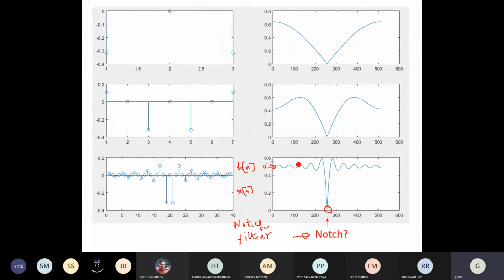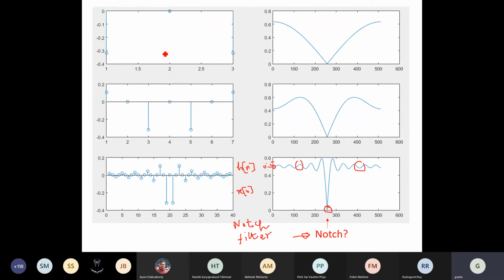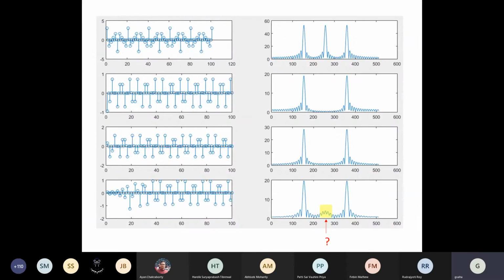This region is the so-called band pass going unattenuated or with a little bit of attenuation for practical purposes. These 15 Hz and 35 Hz lie in this region, and the 25 Hz should get eliminated. Okay, this is what our expectation is.